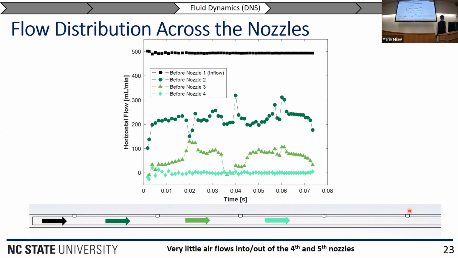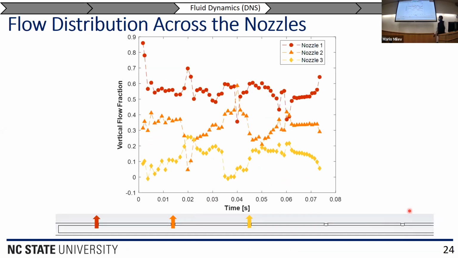Looking at the rise velocity, or the vertical direction, you can see some interesting behavior in the vertical flow fraction, which is the proportion of flow allocated to the relevant nozzles. You can see some fluctuations there, which I've attributed to departure events or pinch-off events happening at the nozzles.